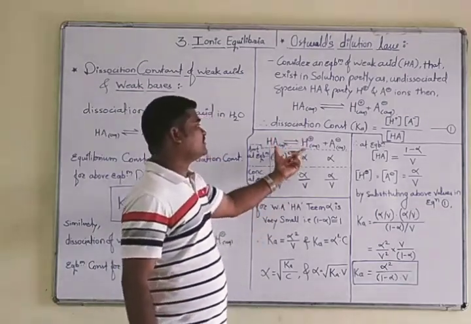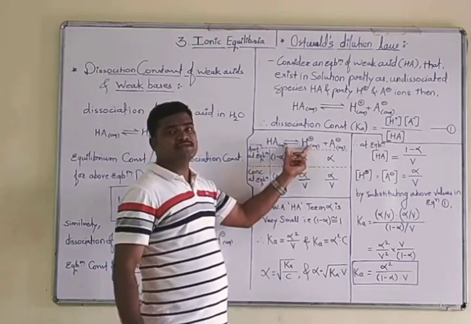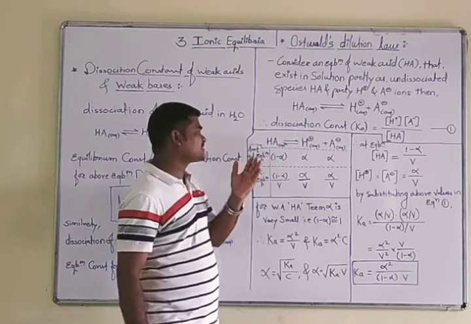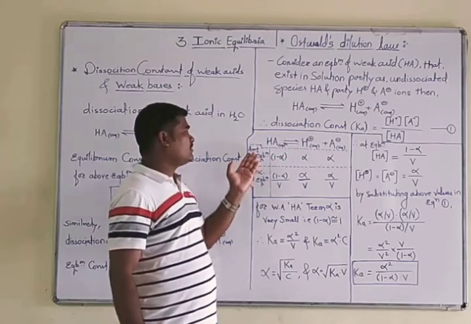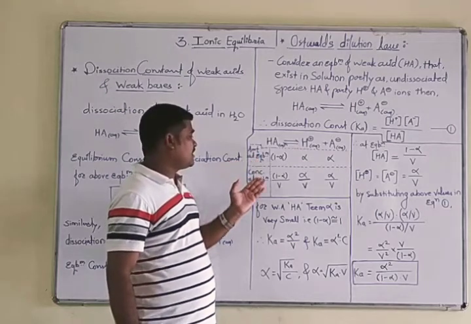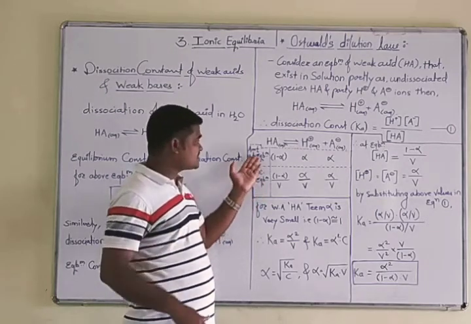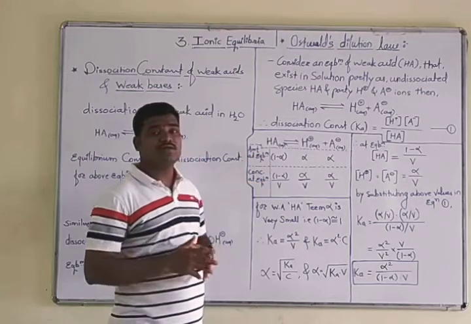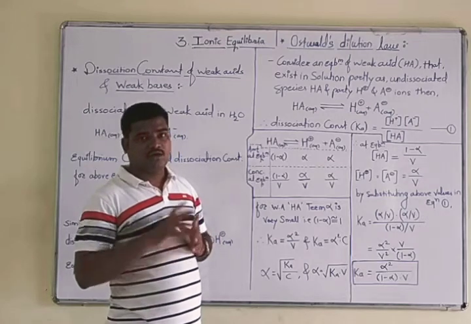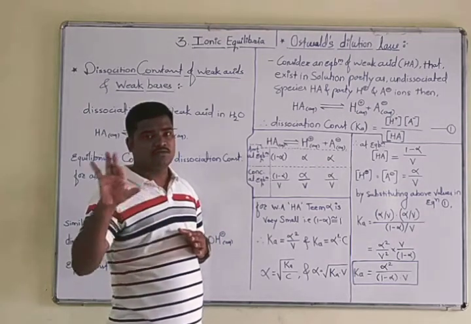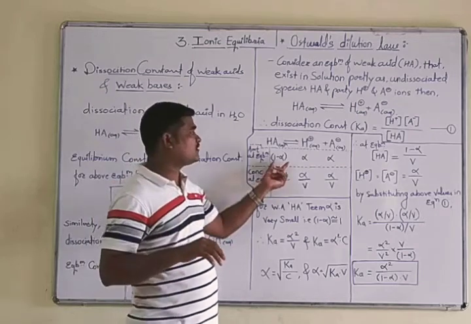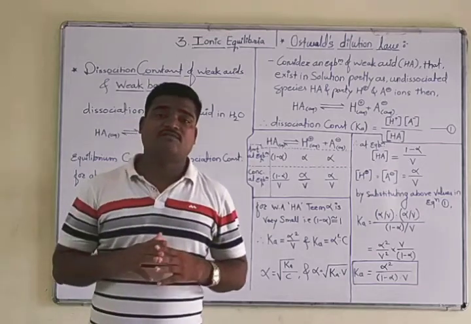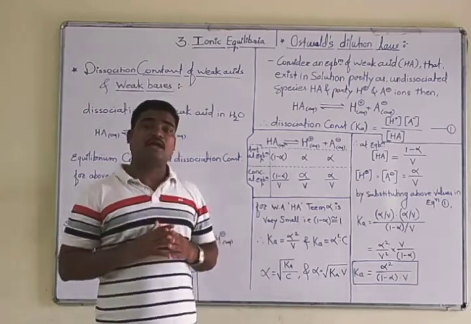Now if we consider the equilibrium reaction of this weak acid, what I did here is divide it into two parts: the amount at equilibrium, and after that, from this value, the concentration at equilibrium. You have to keep in mind the concentration term, we will look at it afterward, but one thing to keep in mind is the fraction of ions remaining at equilibrium.